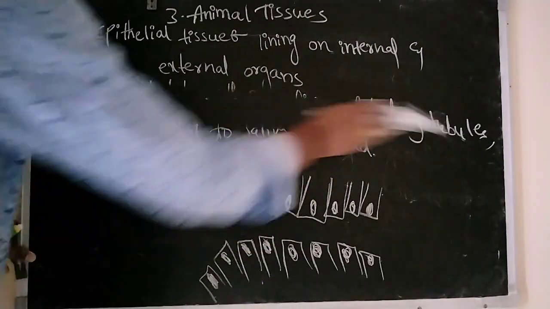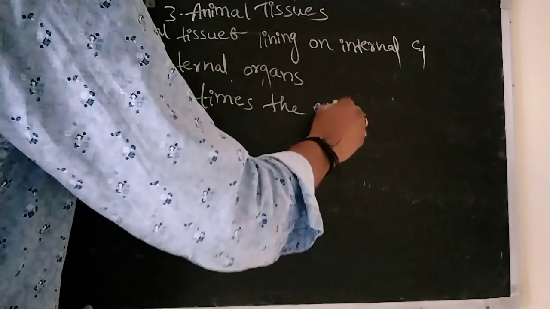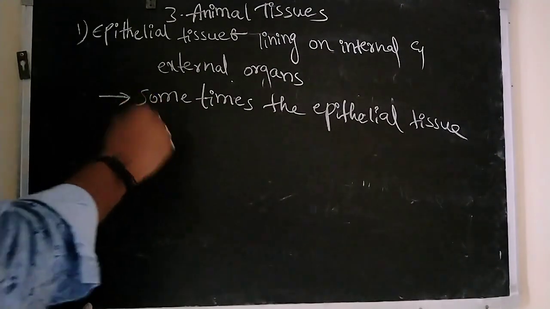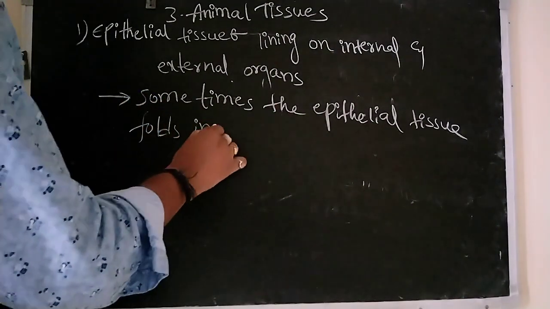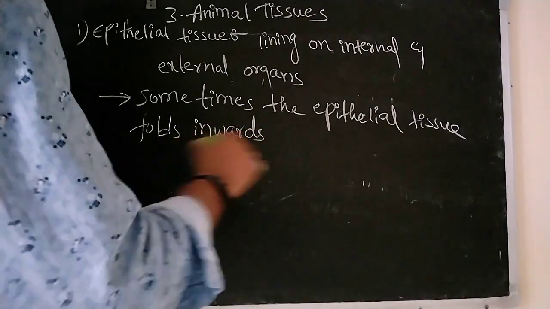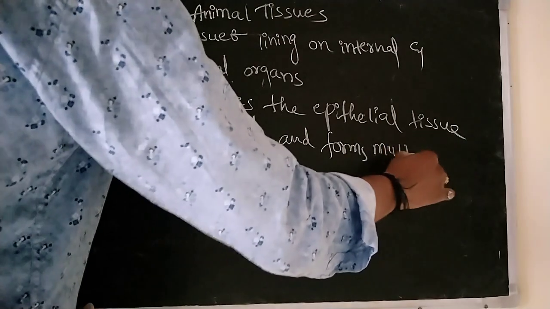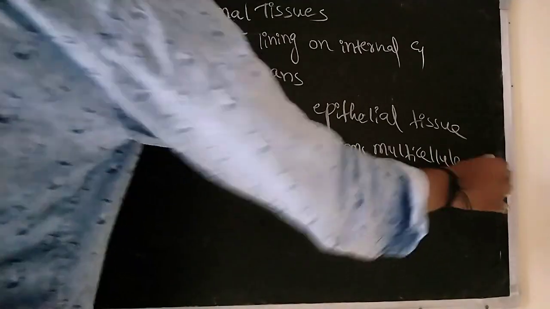Next one, glandular epithelium. Sometimes the epithelial tissue folds inwards towards the body and forms a multicellular gland.